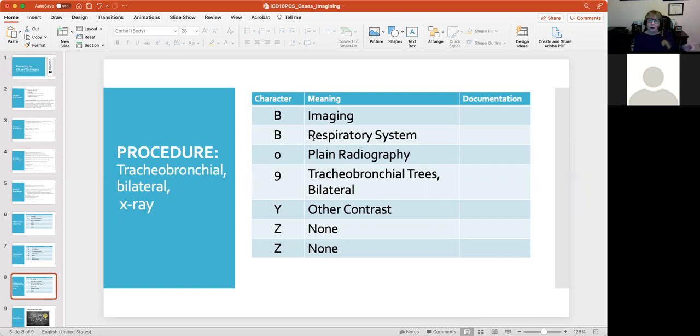Now to prepare you, there may be cases where the documentation says bilateral, but you don't have a bilateral choice in the table. You only have a right and a left.